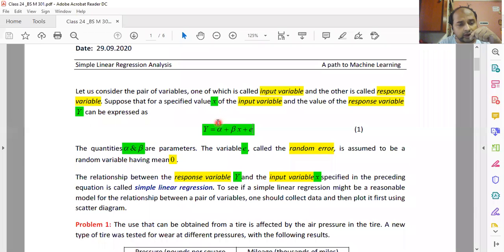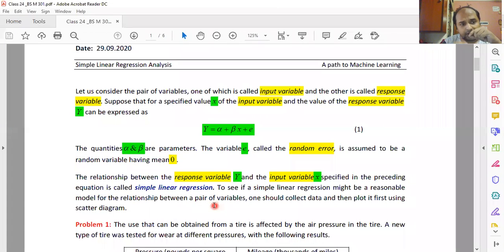And the equation of the form given in equation 1 is called simple linear regression. Why is it called simple linear regression? It is because there is another type of regression in statistics which is called multiple linear regression analysis. But multiple linear regression analysis is beyond the scope of our syllabus, so I'm not going to discuss that in our course curriculum of BSM 301.